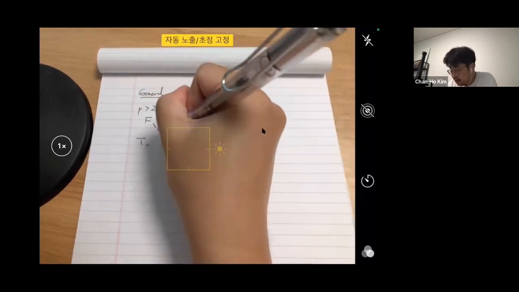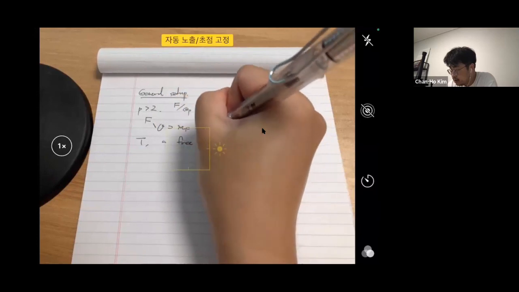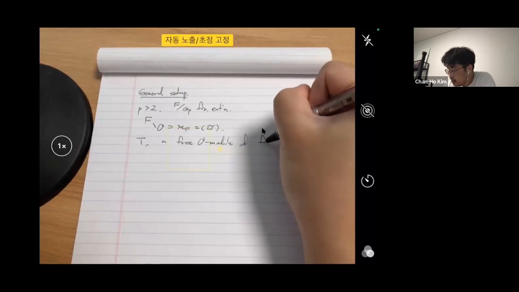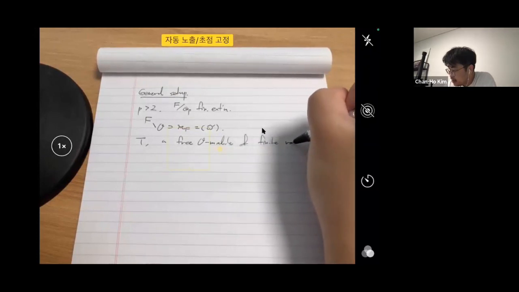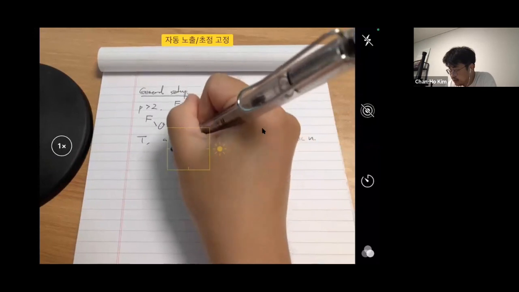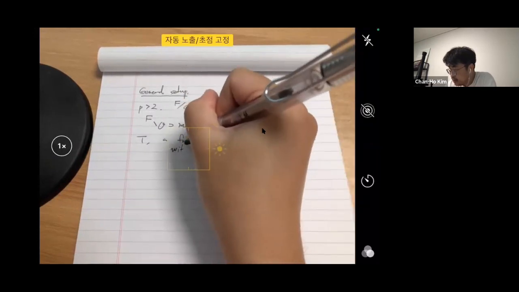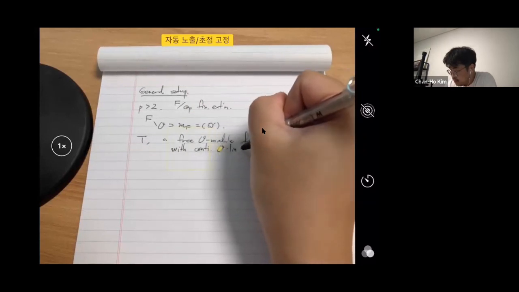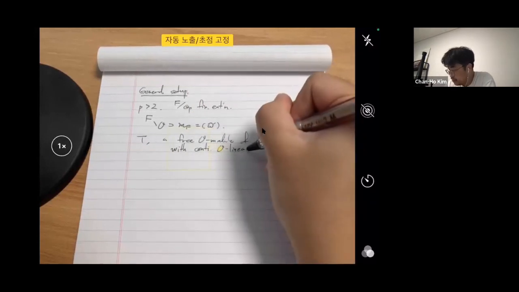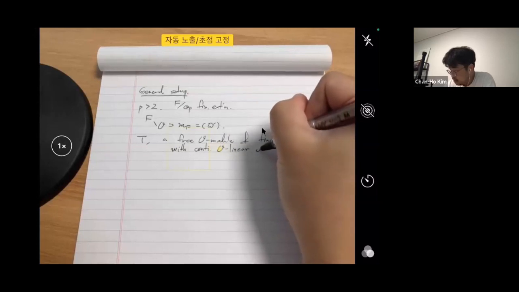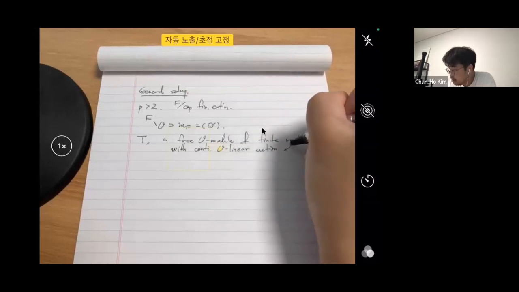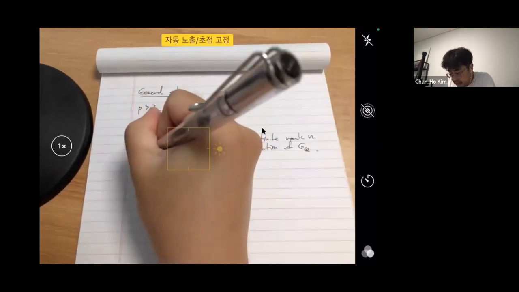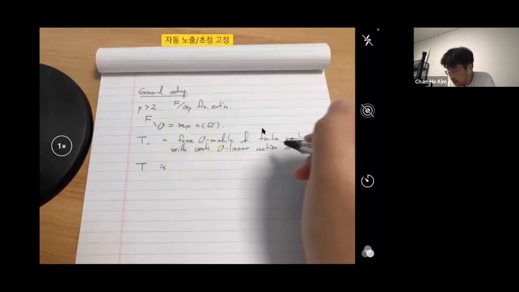T is a free O-module of finite rank n, with a continuous linear action of the absolute Galois group of Q. We say T is geometric.